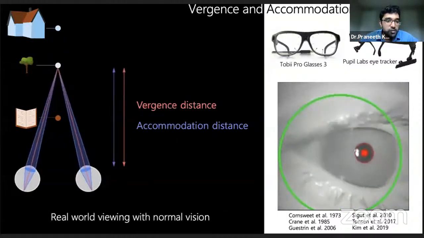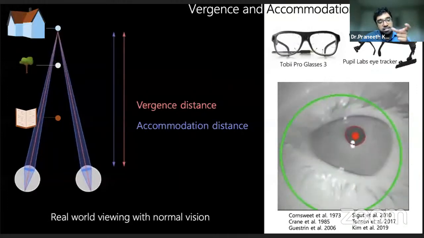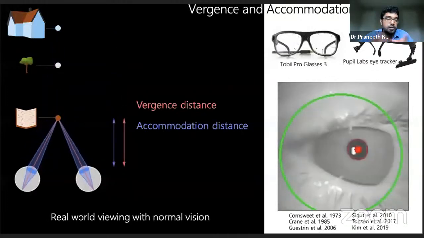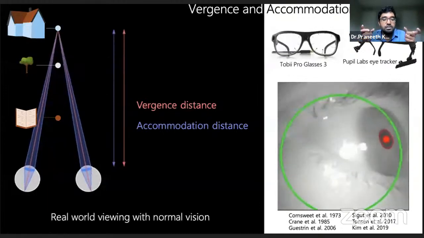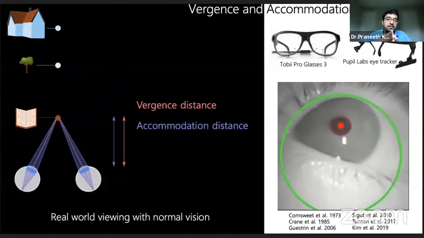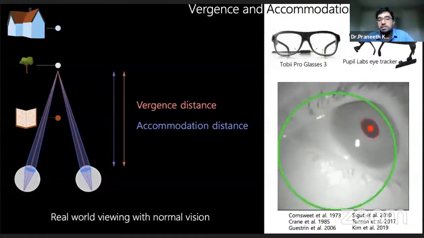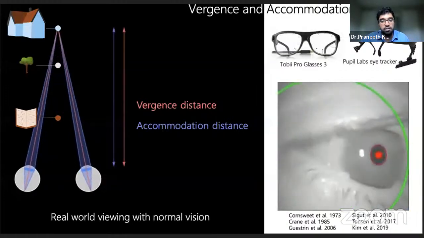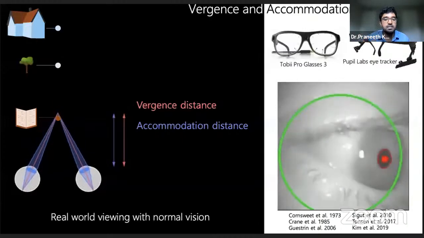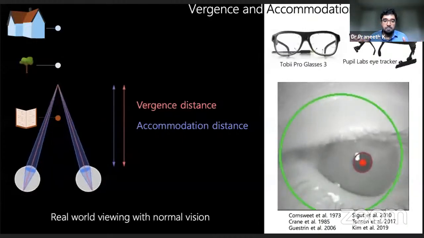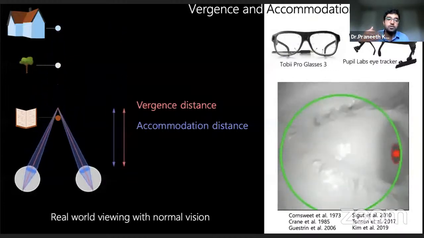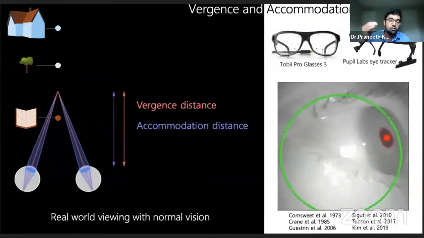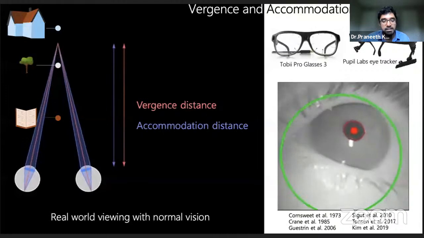So if you're able to track just the gaze of the eye, where the eye is directly looking, you can triangulate it and measure the vergence distance and the accommodation distance. What this means is that just gaze tracking is enough to exactly know where the user is focusing and on what object.